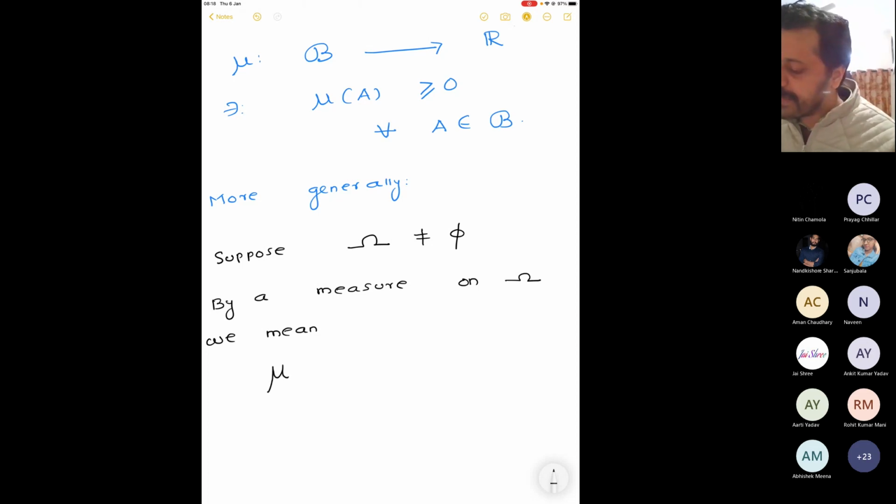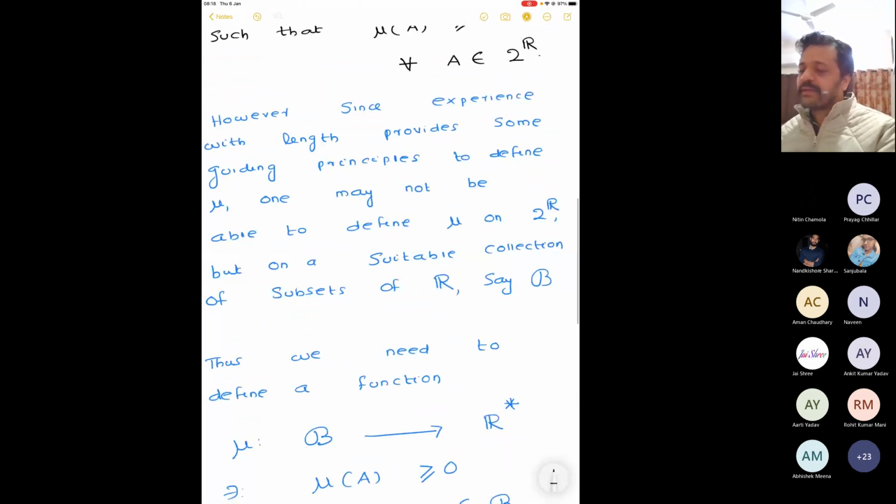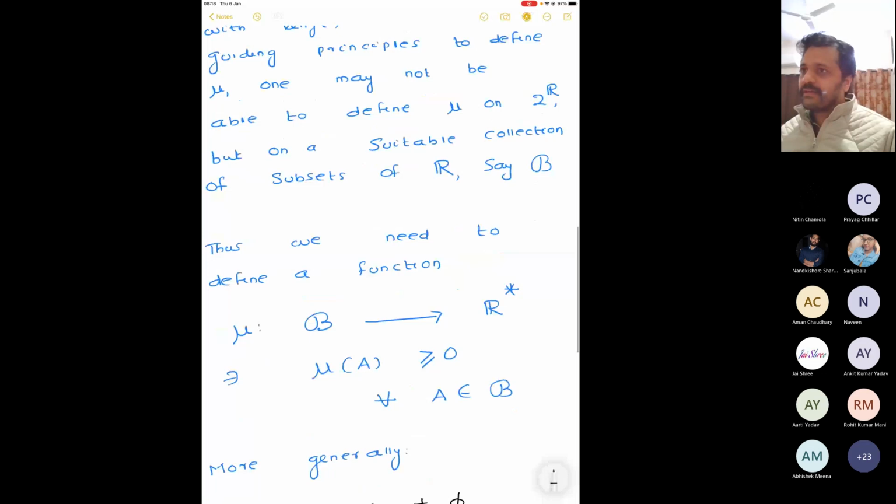I want to define a function mu. From where? Omega to R star. No, it is not for omega. See here, when you worked with the R, collection of subsets of omega, right? It may be 2 power omega, the power set itself, or it may be some subsets of the power set.